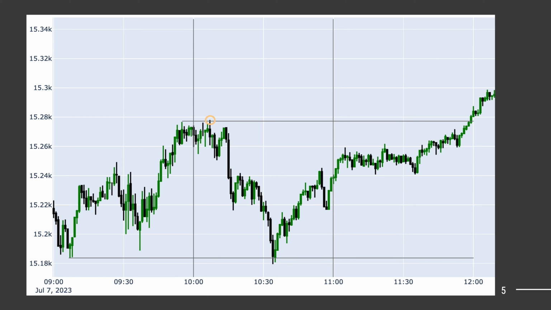This is the setup. So we have here the low, which is taken via displacement, and the fair value gap appears here. Fine.